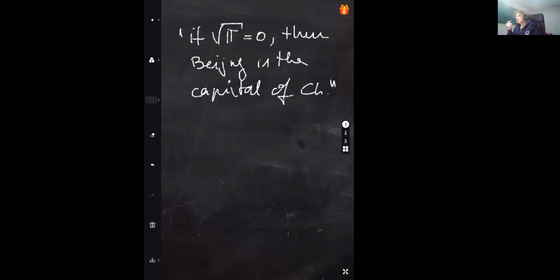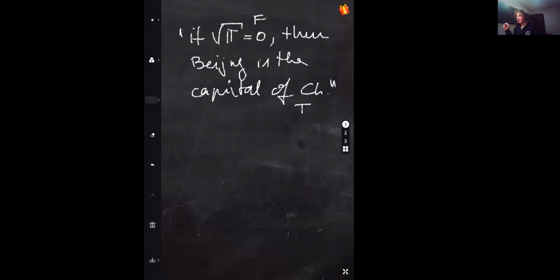This statement, this implication is true, but it's a bit strange. We are departing from something false to obtain something true. Are you fine with this?